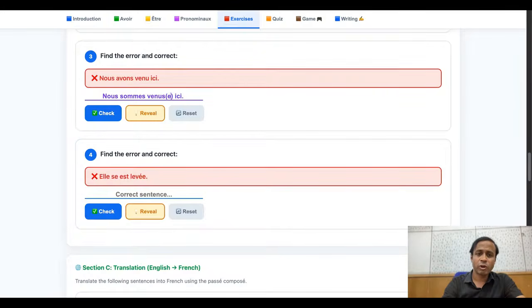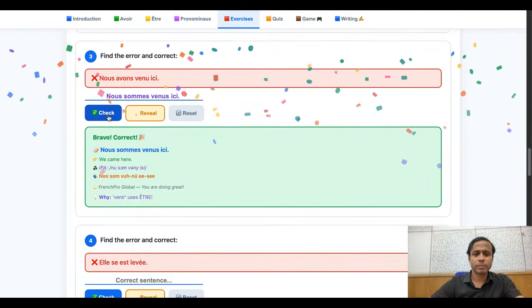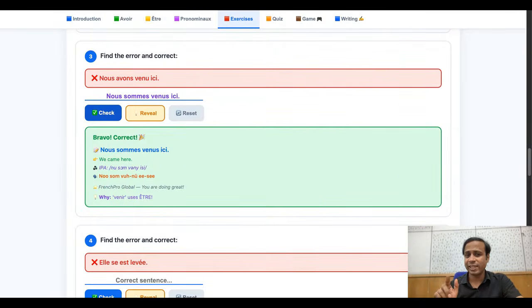I write it here in brackets. You can also give s; by the way, this is s because nous is already plural. Nous sommes venus ici. So it depends: if it is masculine, then you don't have to give e, and if it is feminine, then you have to give e. According to the context, you have to use it. If I remove e, then it is going to be correct. But remember, if it is feminine, then you have to add e.